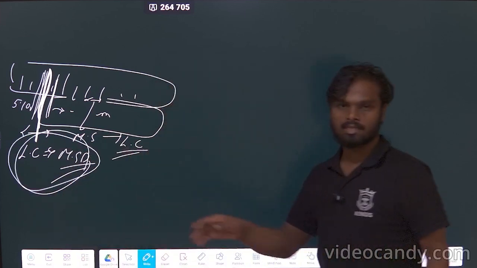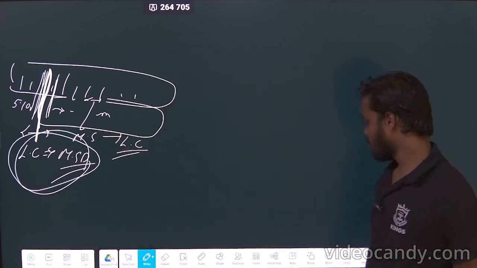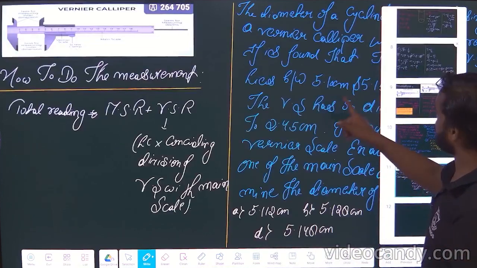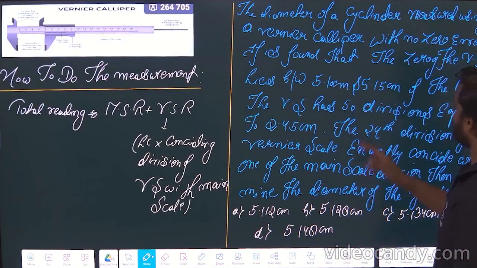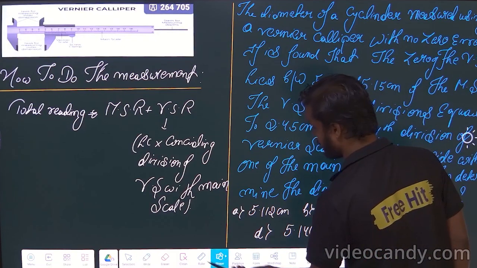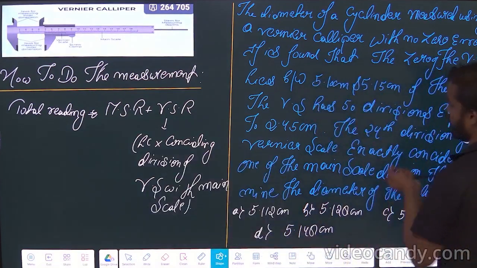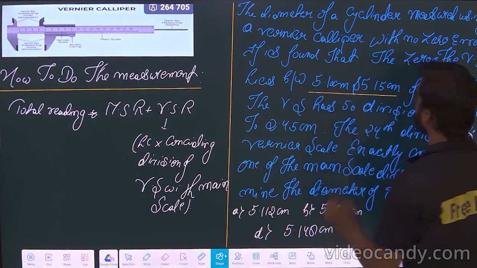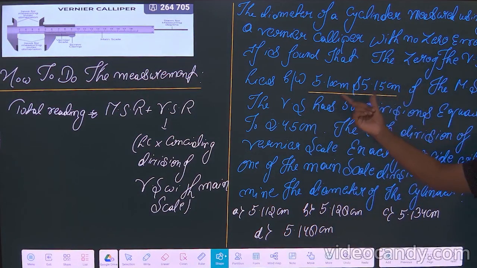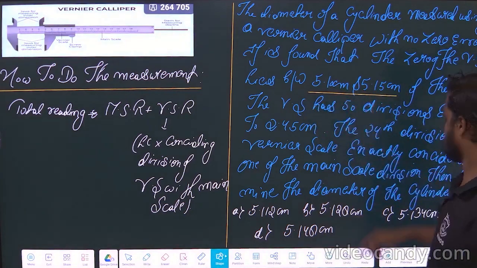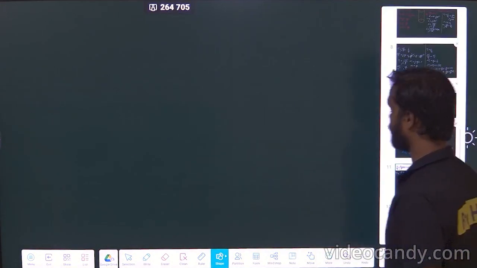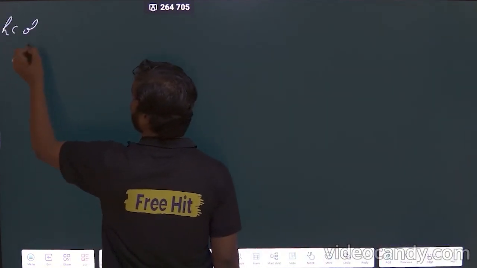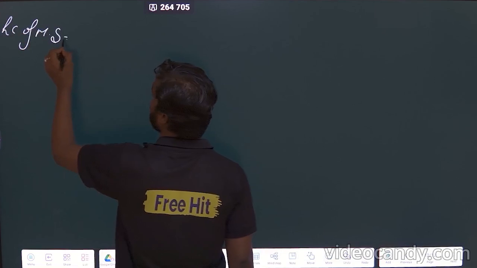So can I directly tell the difference is going to be the least count only? From this line I can tell the least count of my main scale. So my least count of main scale will be how much?